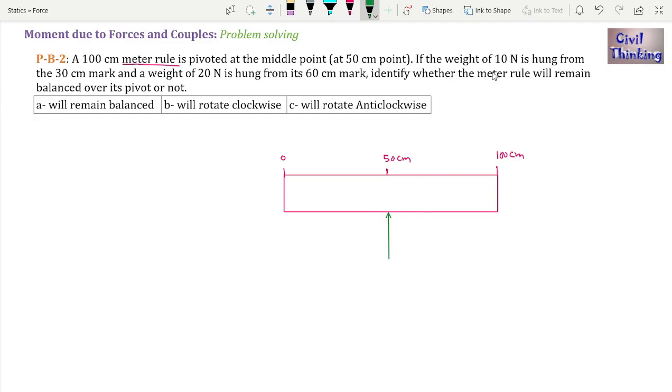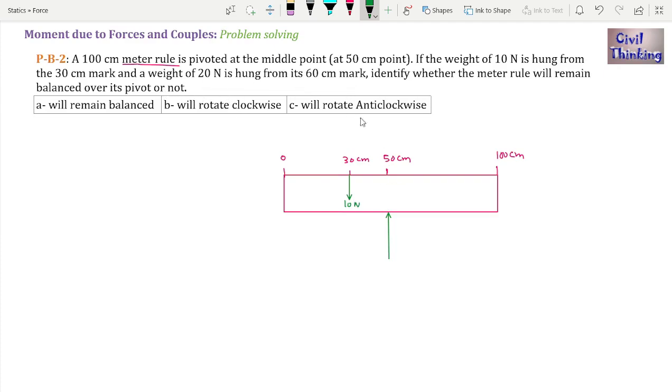Now if a weight of 10 Newton is hung from the 30 centimeter mark, 30 centimeter will be around here. It is 10 Newton here, and a weight of 20 Newton is hung from the 60 centimeter mark.